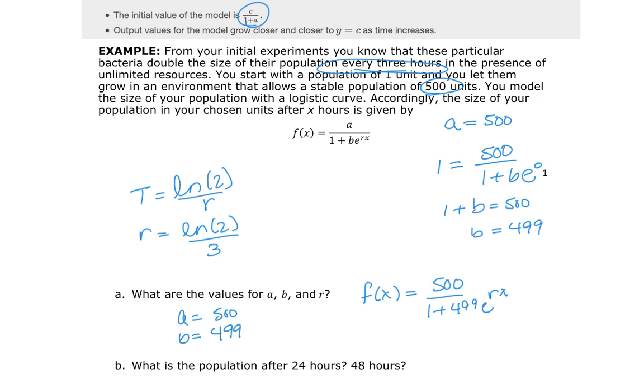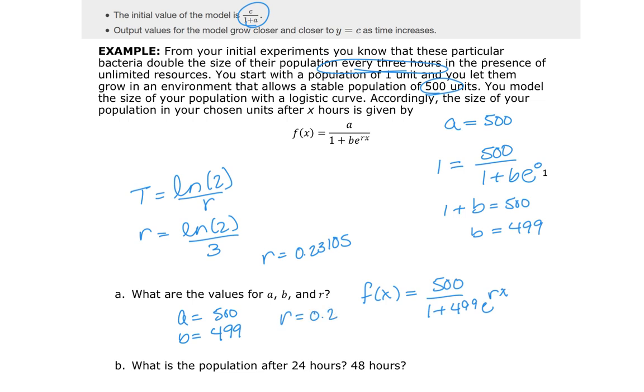And so for my r, I'm going to take the natural log of 2, divide that answer by 3, and I'm going to end up with r as 0.23105. Now, so there's my r value.